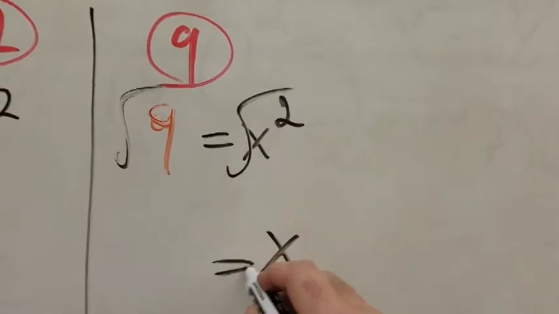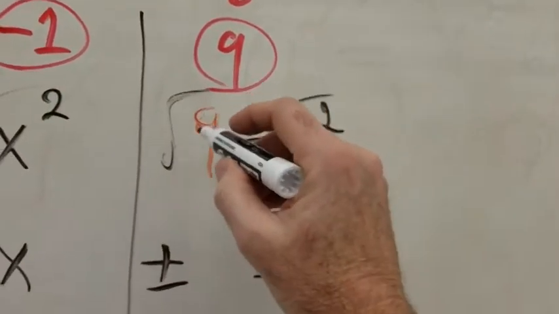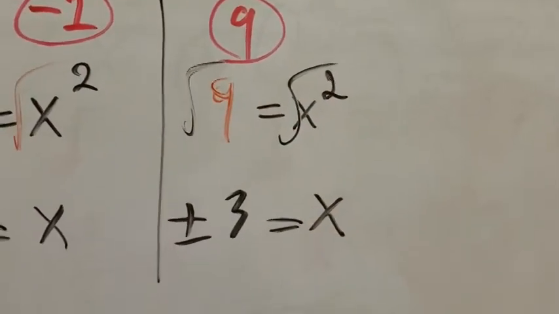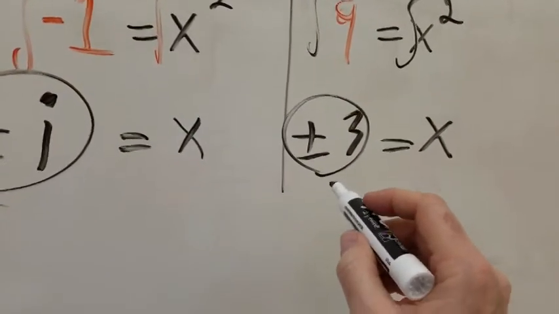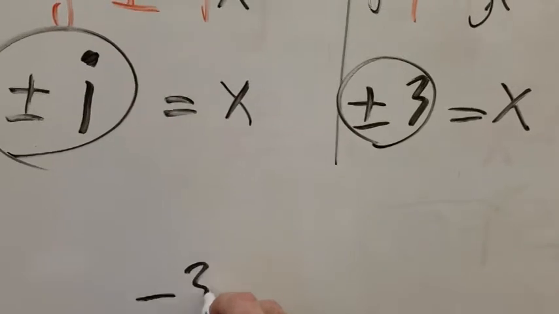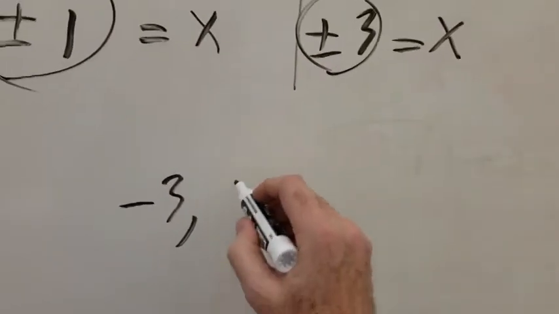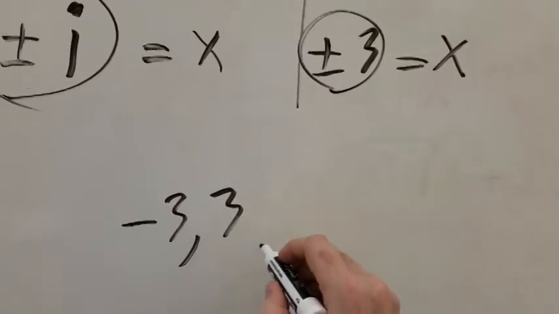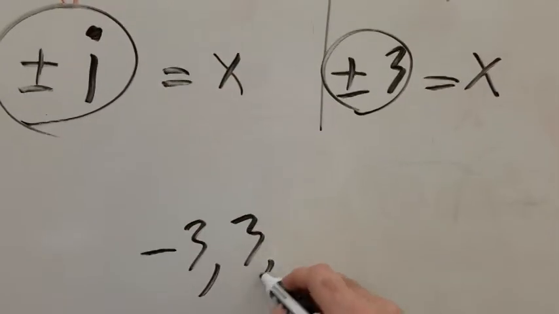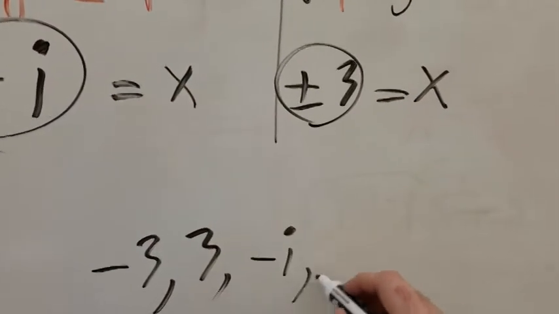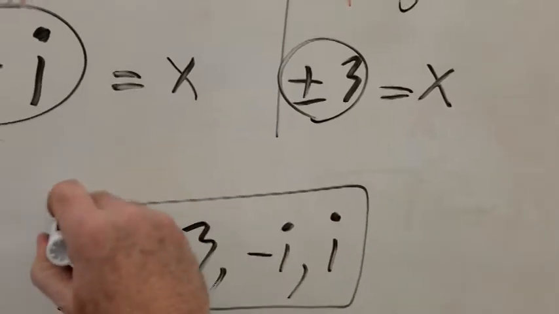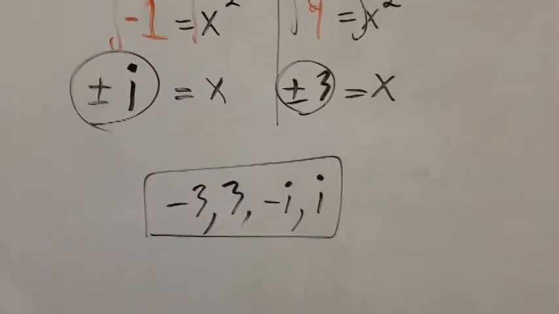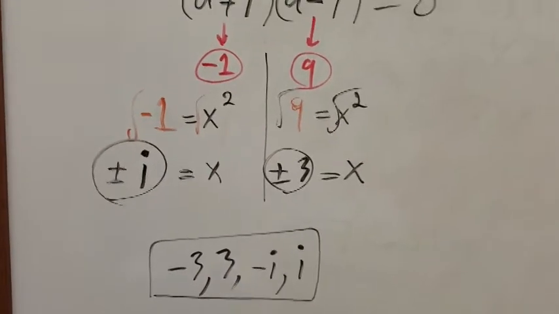So x equals plus or minus the square root of 9, which is 3. So I've got to write this down in the Pearson products. You want to put negative 3, comma, positive 3, and then our imaginary numbers, negative imaginary, positive imaginary. And this is how I'd key that in the Pearson product for that one, using substitution.